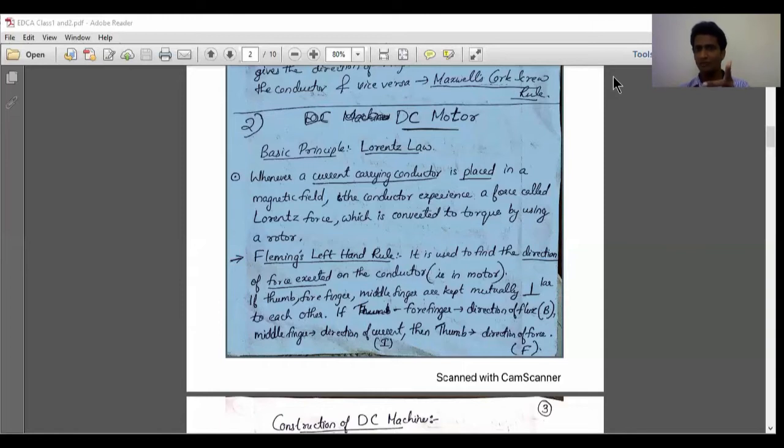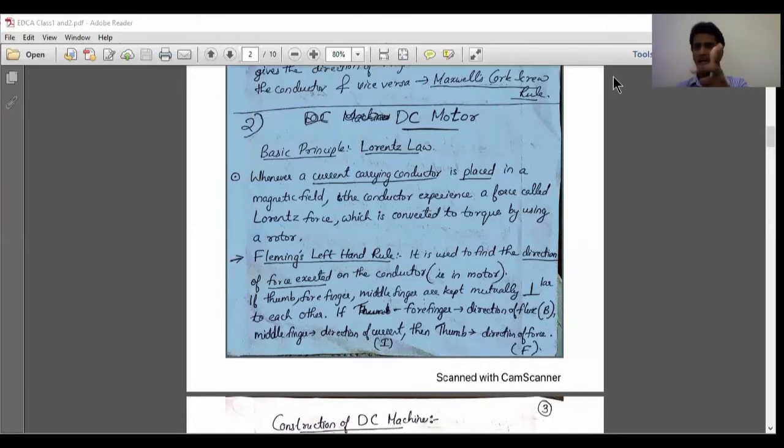Then let us combine Lorentz law with Fleming's left hand rule. Whenever a current carrying conductor, with current in the direction of the middle finger, is placed in a magnetic field which is perpendicular to the current direction, that is the forefinger, then the conductor will experience a force which is in the direction of the thumb.